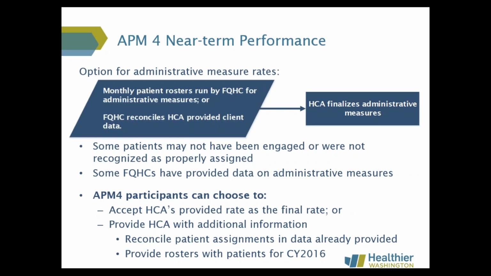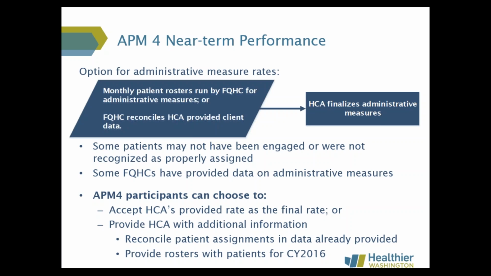It's either to reconcile the data that we've already provided and or provide us a list of rosters with clients that you had for 2016, and we can calculate the rates based off of those patients that you say were yours in 2016. And I would underscore for this portion, it is wholly an option of participants.